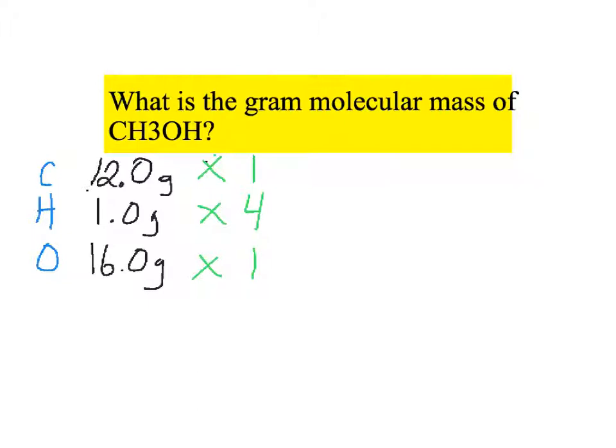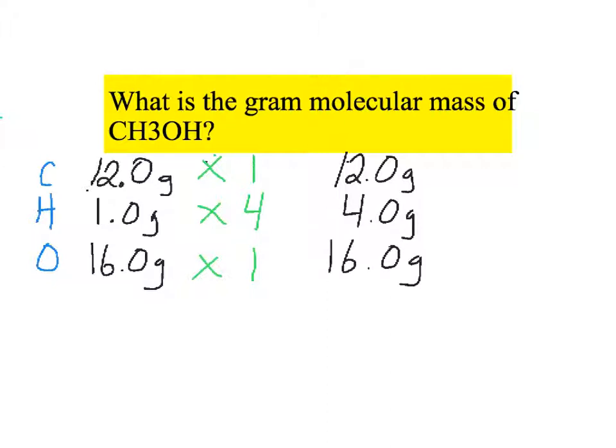So I'm going to take those values and multiply them out. I will get 12.0 for carbon, 4.0 for hydrogen, and 16.0 for oxygen.